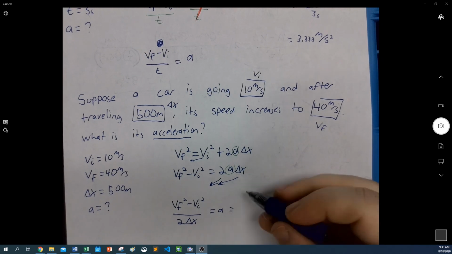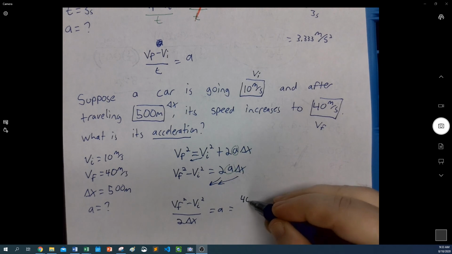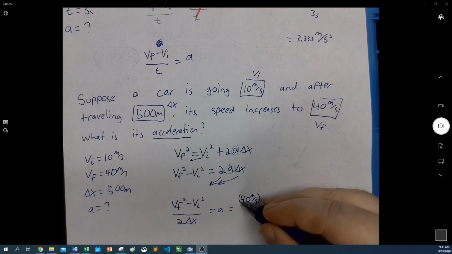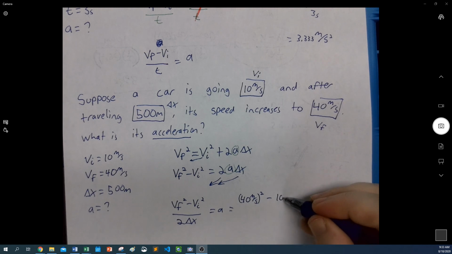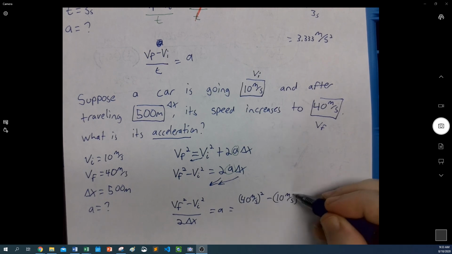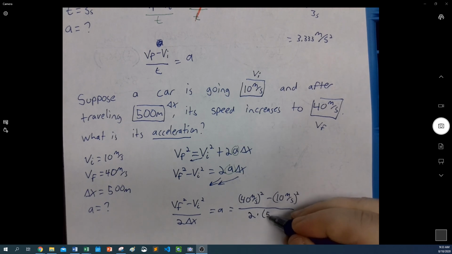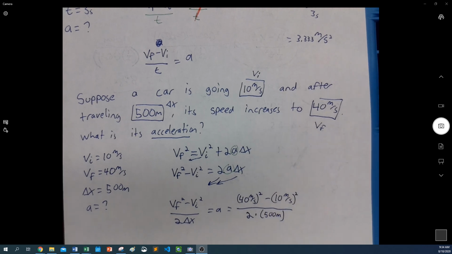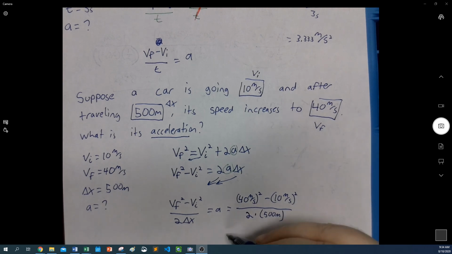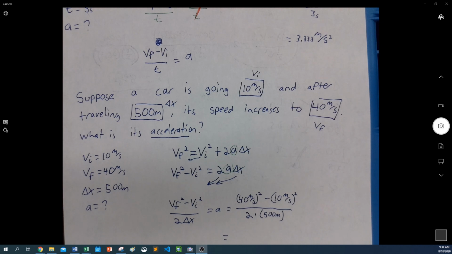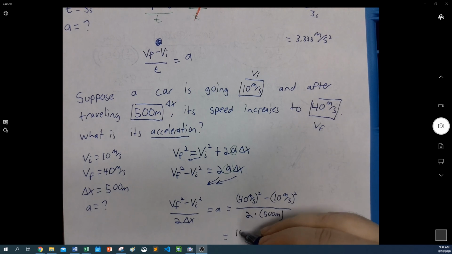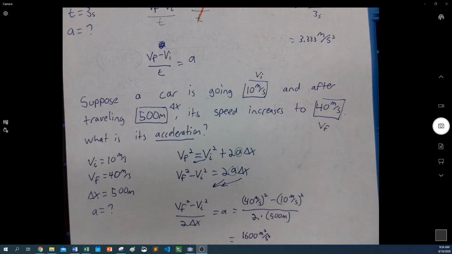Plugging it in, our VF is 40 meters per second, minus 10 meters per second, and all that squared, divided by 2 times 500 meters. So 40 meters per second squared is 1600 meters squared divided by second squared.